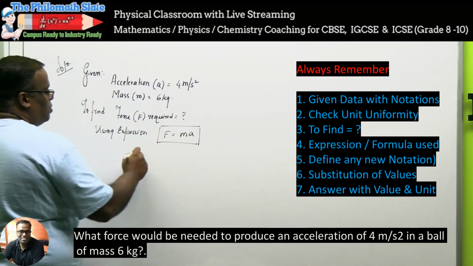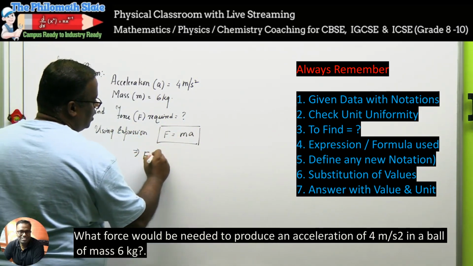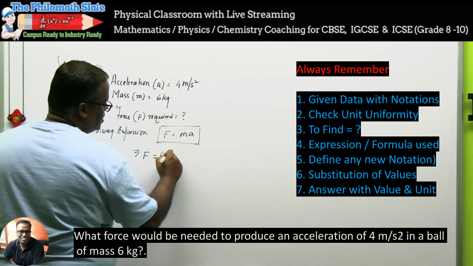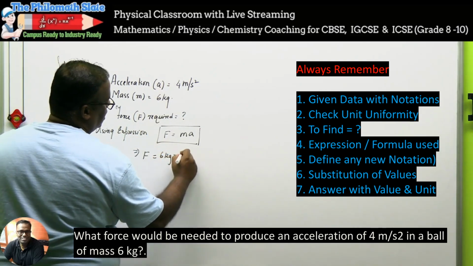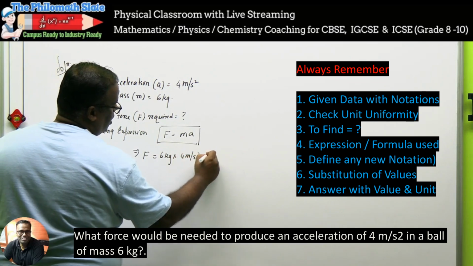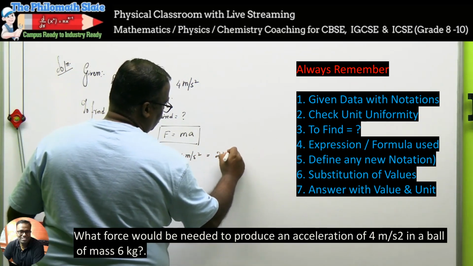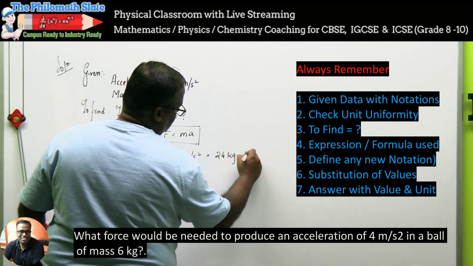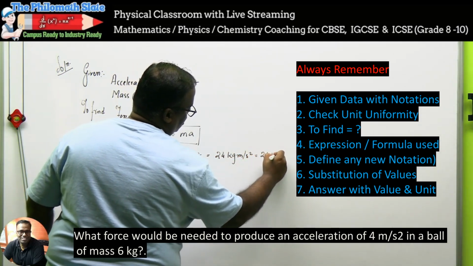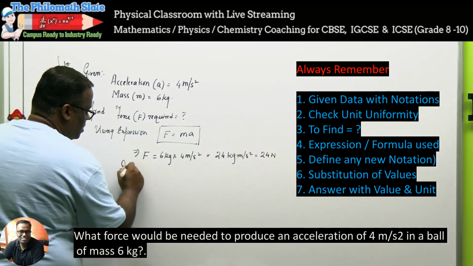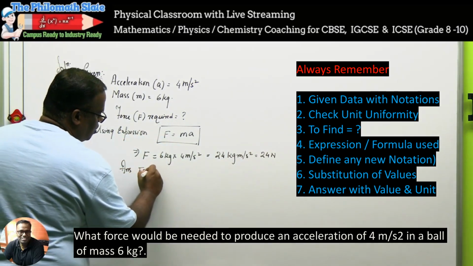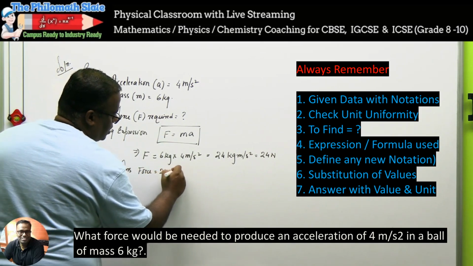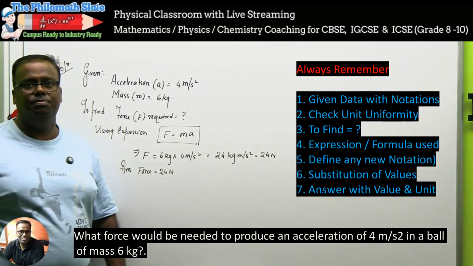Now you start substituting your values. So F should be equal to, how much is the mass? 6 kg multiplied by an acceleration of 4 meter per second square, which gives you 24 kg meter per second square, which is the same as 24 Newton. So you write your answer as force is equal to 24 newtons. That's it.